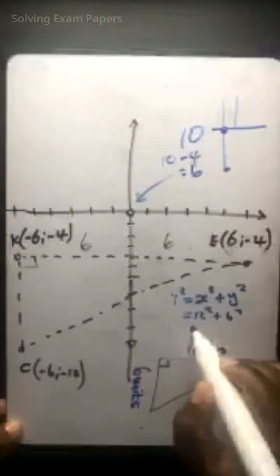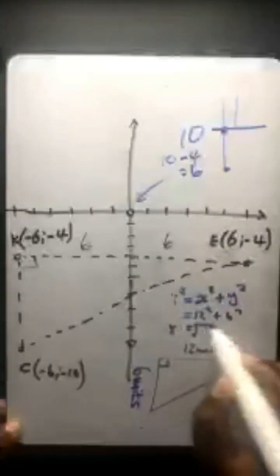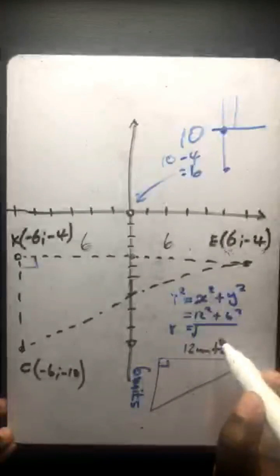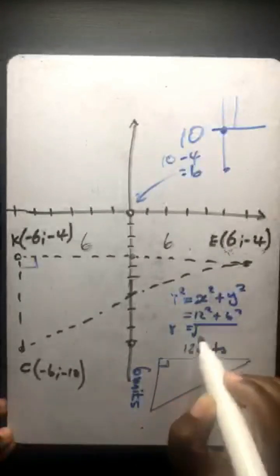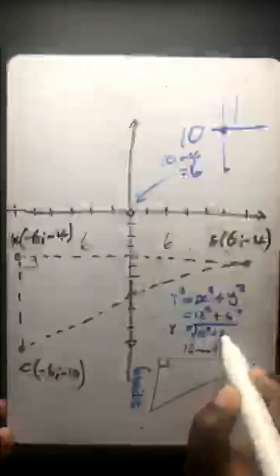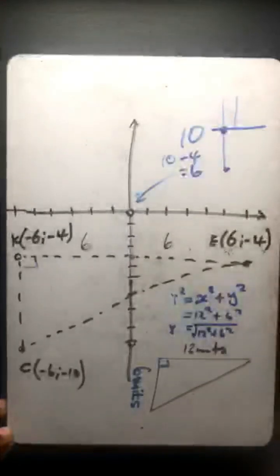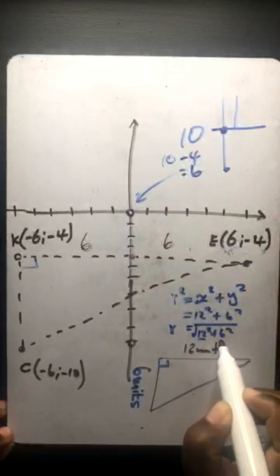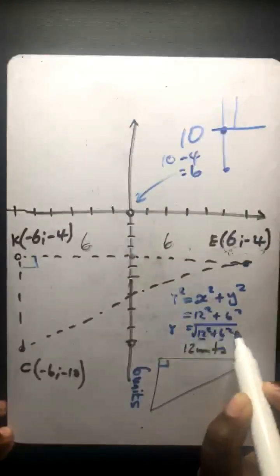So that means it's going to be 12 squared plus 6 squared. R is going to be the square root of that answer. So can you guys see that the formula for calculating the distance takes us back to the theorem, because you are having that x there, you are having that y there, which is being squared.